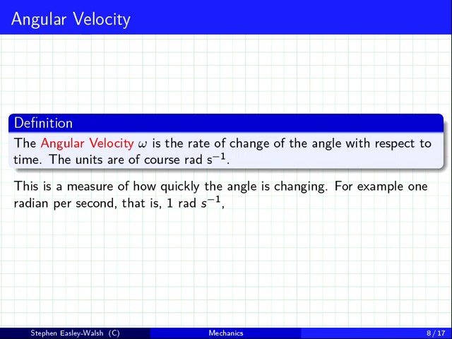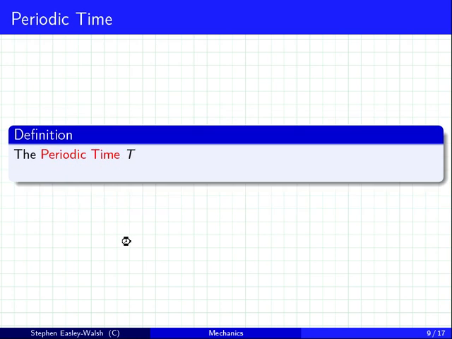All right. Next: periodic time, T. Does anybody know what this means? Think about the circle. Think about the word periodic. What do you think, Harry? Yeah, it's the time to move around once. The periodic time is the time taken for one orbit to be completed.